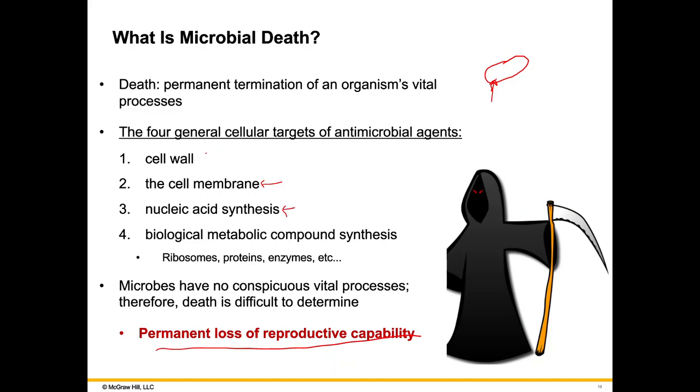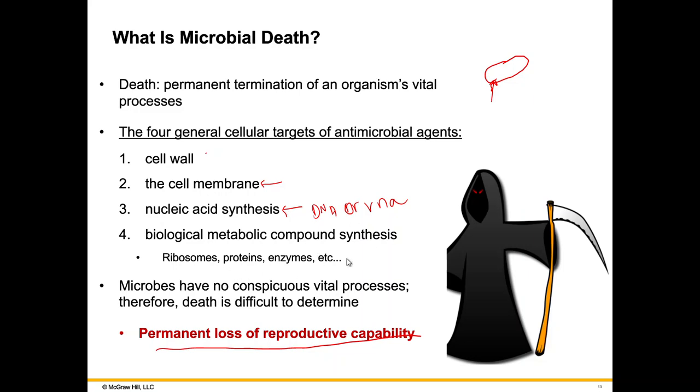Some will target nucleic acid synthesis, and for the record, that is DNA or RNA. Not being able to produce DNA means they can't do binary fission anymore. They can't make more bacterial cells if they can't make more DNA. And if they can't make RNA, they can't make proteins.